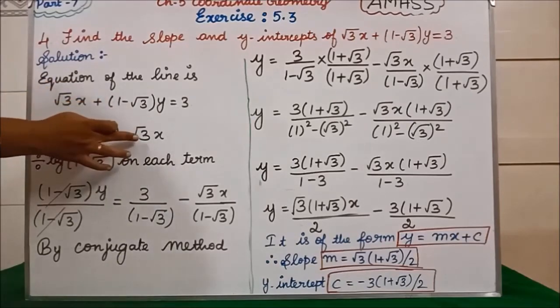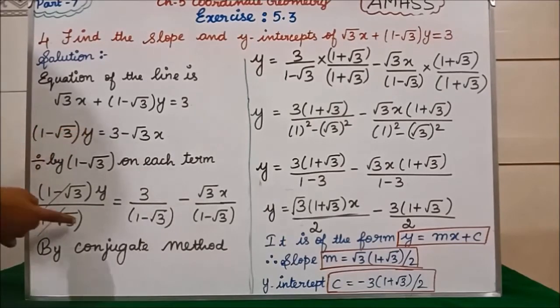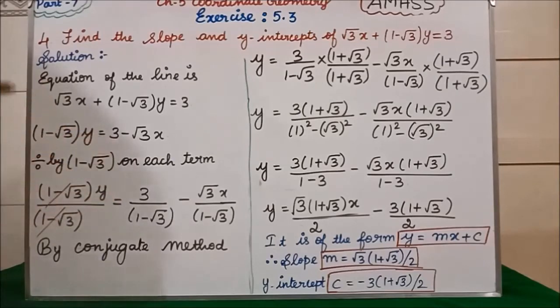The root is only for the 3. Here the next step: whatever values you have before y, you are going to divide each term by that value. We did the same thing in the second problem also. So (1 minus root 3) y divided by (1 minus root 3) equals 3 divided by (1 minus root 3), minus root 3 x divided by (1 minus root 3). Clear? Now this 1 minus root 3 and 1 minus root 3 get cancelled.